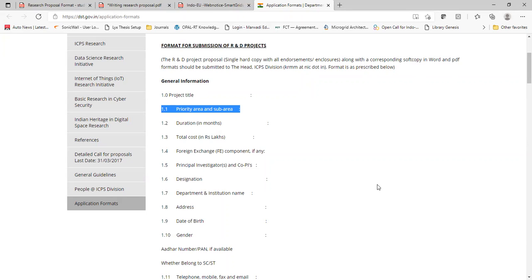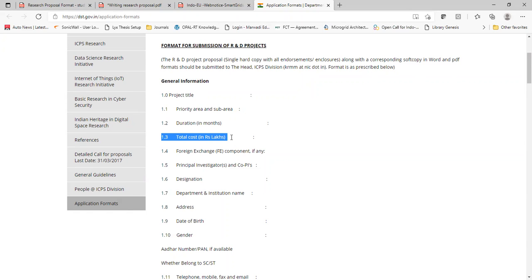Yes, research and development. Duration of the project: 24 months or 36 months. Total cost. This total cost must be less than the cost mentioned by the agency. Okay.